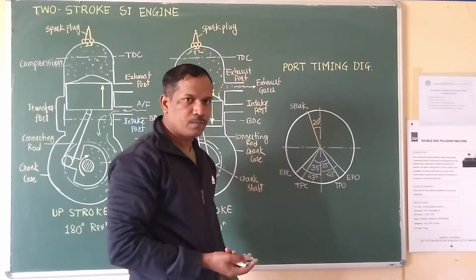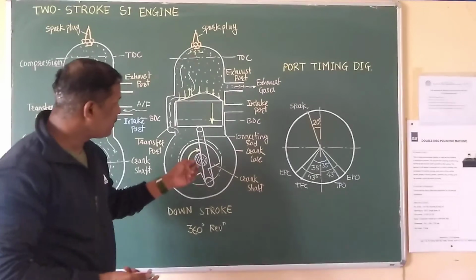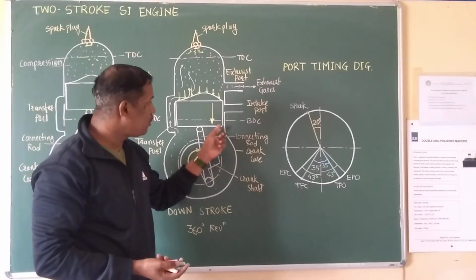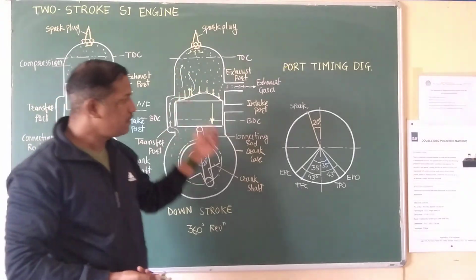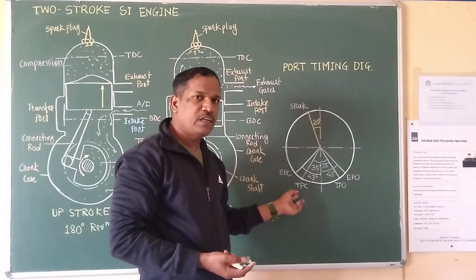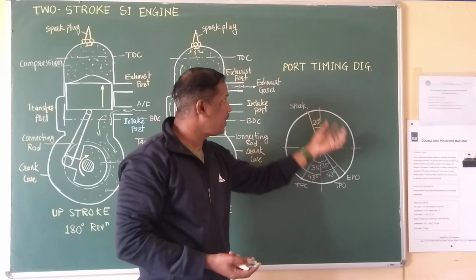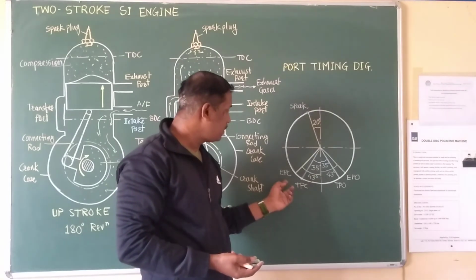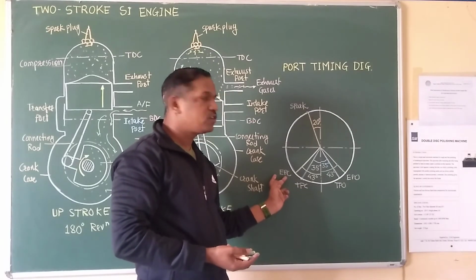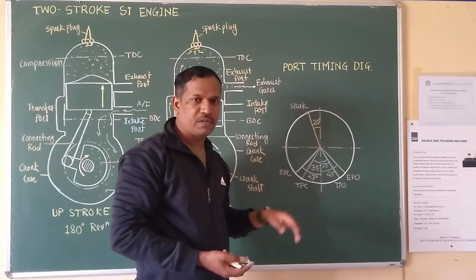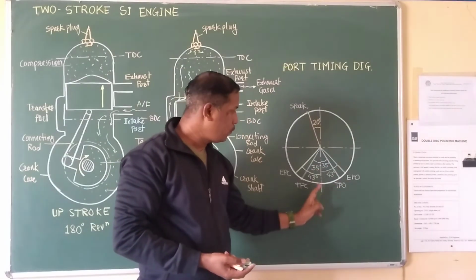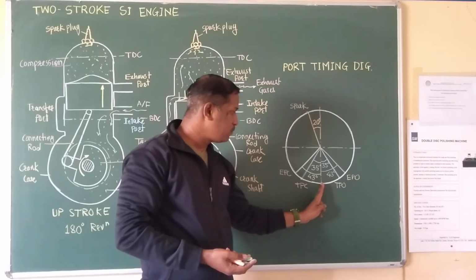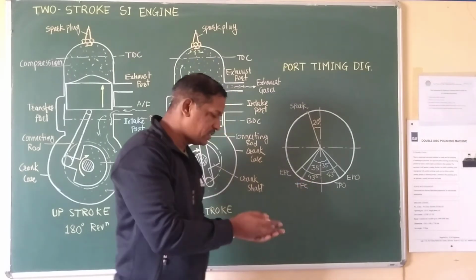So our cycle begins from BDC towards TDC, about 35 degrees transfer port close, then 43 degrees exhaust port close, then it moves towards TDC, our entrapped charge is compressed, and 20 degrees before TDC spark is produced, and then burning of gases and expansion start.